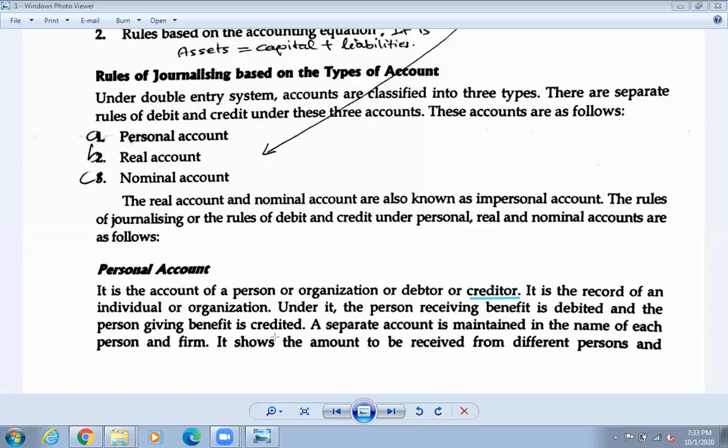Those who are receiving are debited when recorded in the journal entries. And the person giving the benefit, the giver, is called the creditor, that is, the credited.